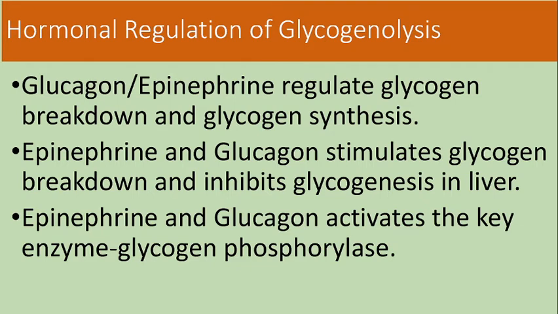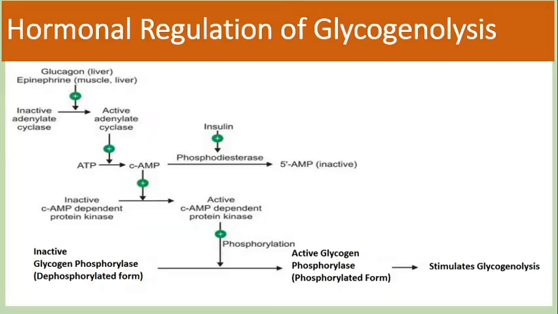So it is controlled by the hormonal regulation of glucagon and epinephrine, which will regulate glycogenolysis as well as glycogen synthesis. In the presence of epinephrine and glucagon, glycogen breakdown will be activated, whereas glycogenesis will be inhibited. Epinephrine and glucagon will activate the key enzyme glycogen phosphorylase. Hence, glycogenolysis will be activated.